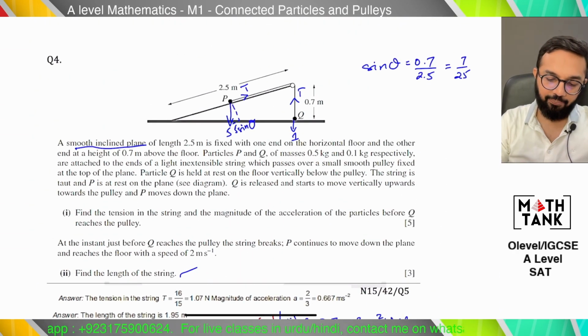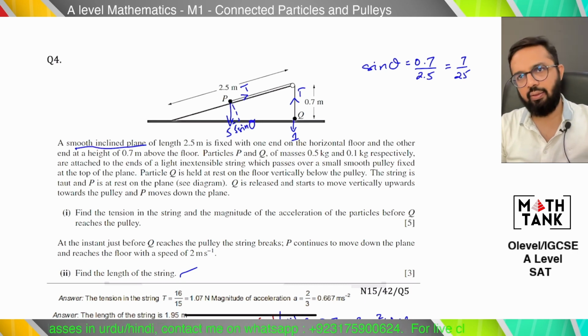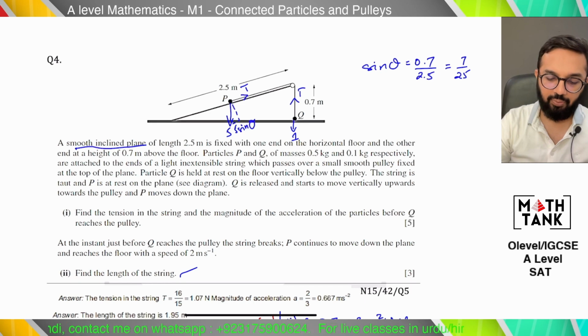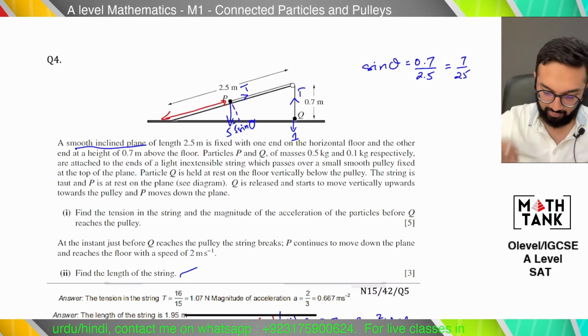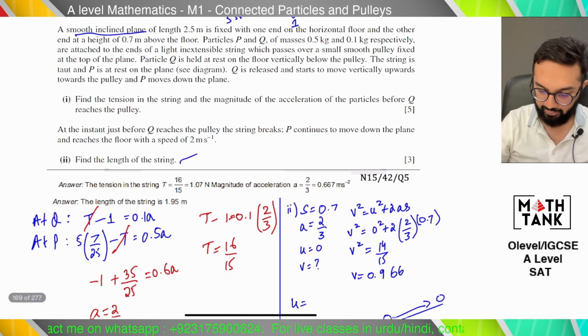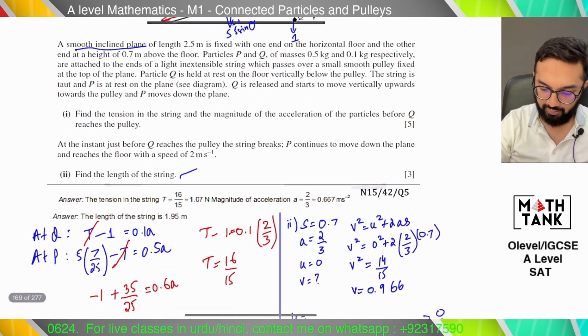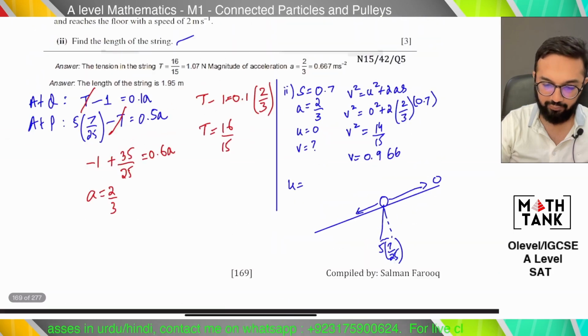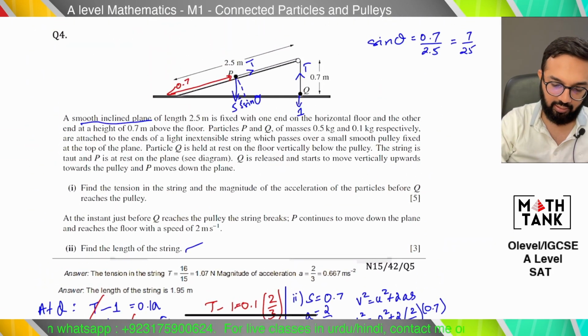Now this is a little complicated because I'll have to do this on the diagram. P has traveled a total distance of 0.7 first and then 0.548.